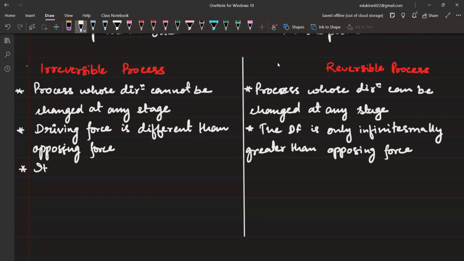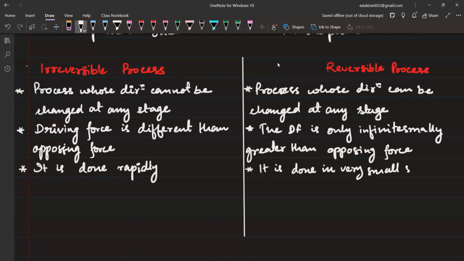Next point. It is done rapidly. It is done in very small steps. Here, equilibrium is not maintained. Here, equilibrium is maintained at all stages.